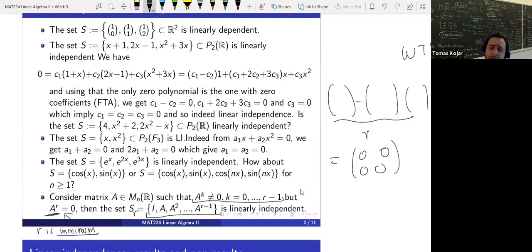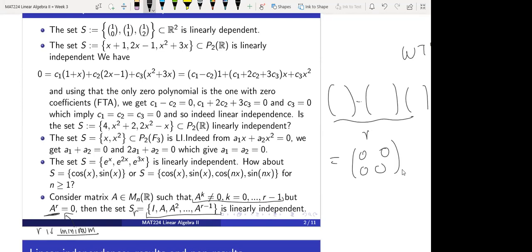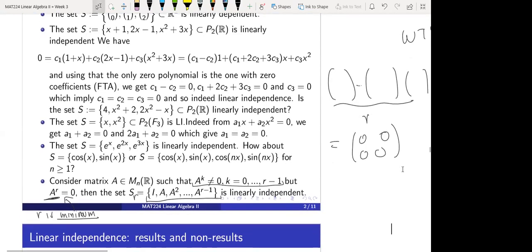Meaning for all the other ones, you have a non-zero matrix. Is that okay, Hu Yun? Okay. Will, is that okay for you? So R is fixed. Yeah, I see now. Okay, good. Thank you.